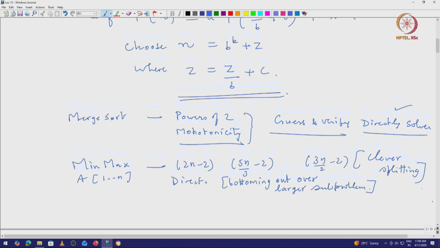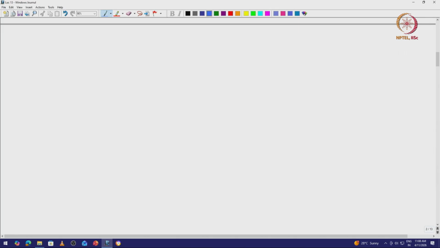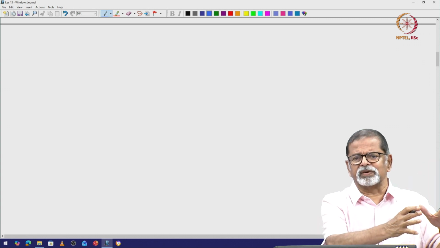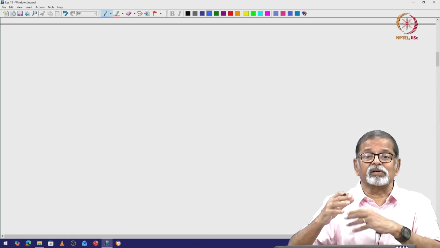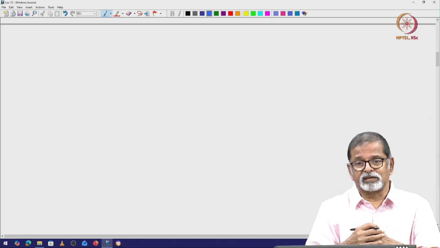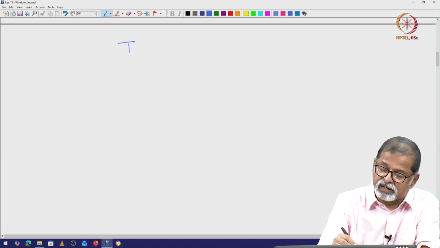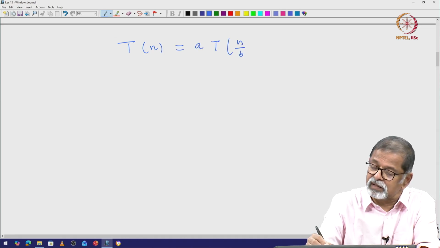Now, all these things we have done for splitting the input into two parts. If we are trying to relate the problem of a given size to the problem of smaller size, it may involve several problems of smaller size. That is where we were formulating the recurrence equation of the type T of n is A times T of n by B plus combining cost n power t.